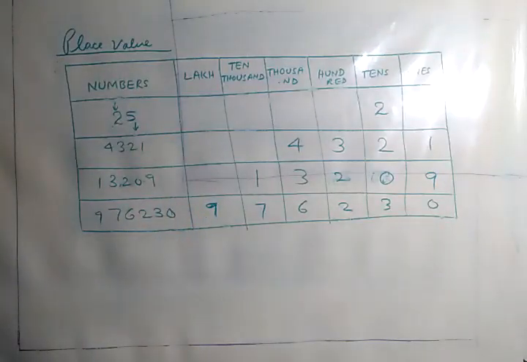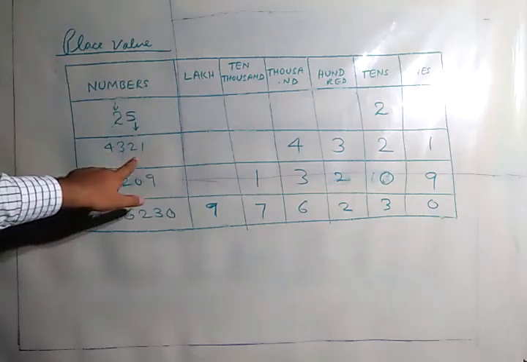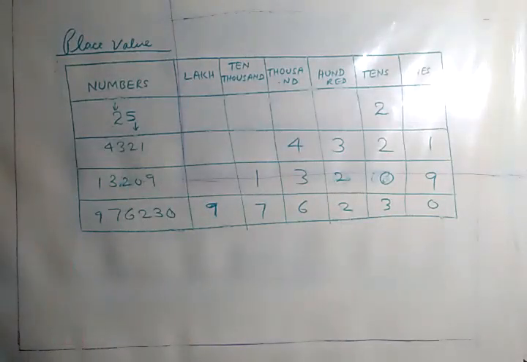So what I want to explain here is that a digit can have any position. It can sit in any place. If it is at ones position, it will form ones digit. If it is at hundreds position, it will be called hundreds. If it is at tens position, it will be called tens.